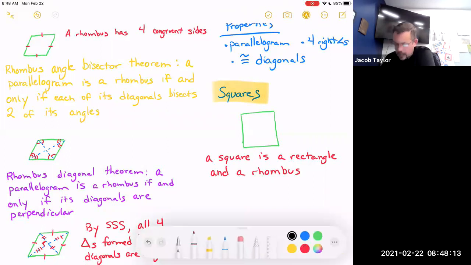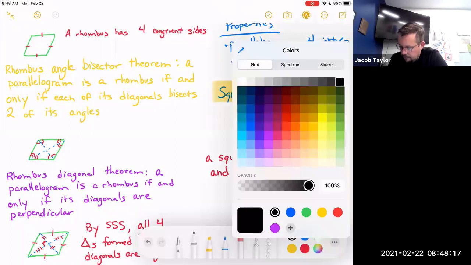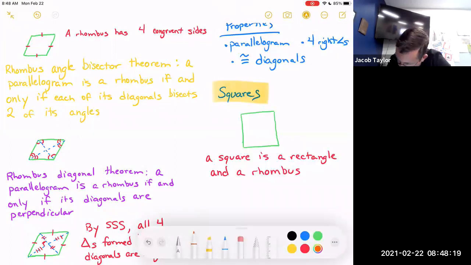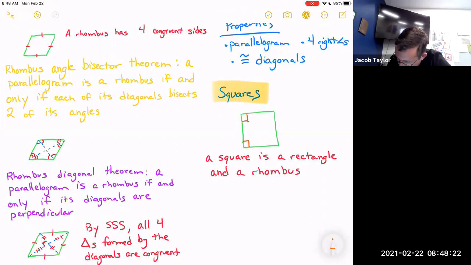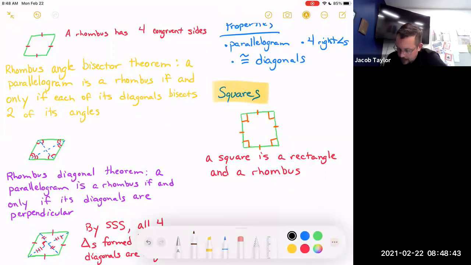So let's take these piece by piece. If a square is a rectangle, that means it's got 4 right angles. It's a rhombus, so all of its sides are congruent. Its diagonals are perpendicular angle bisectors.